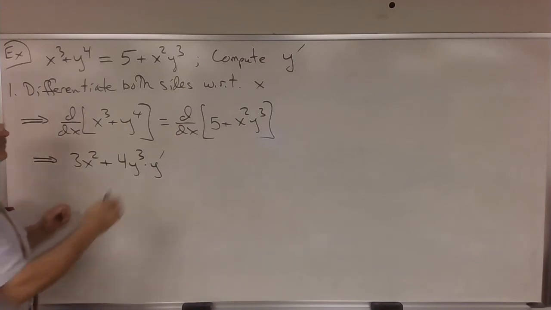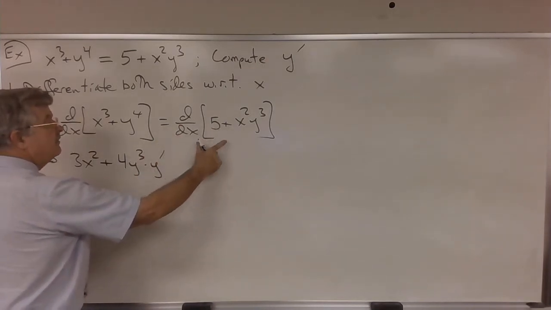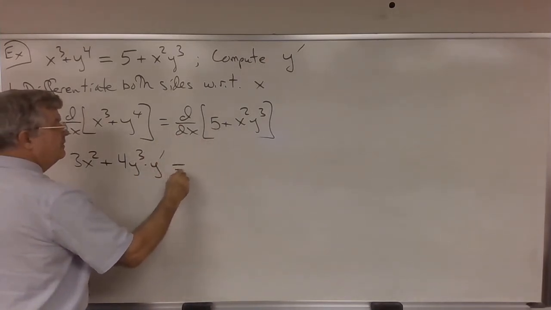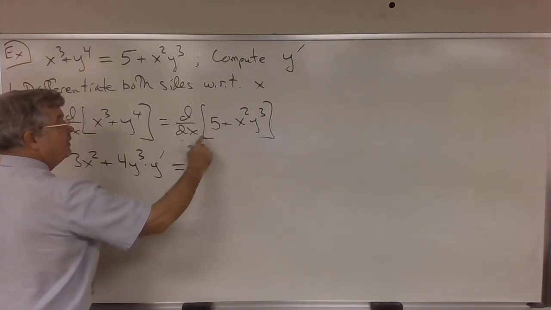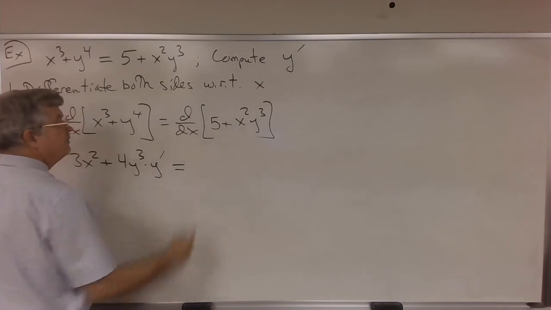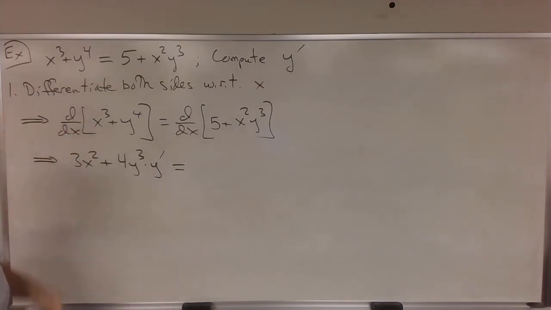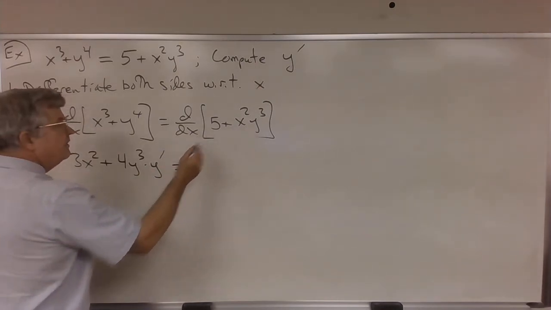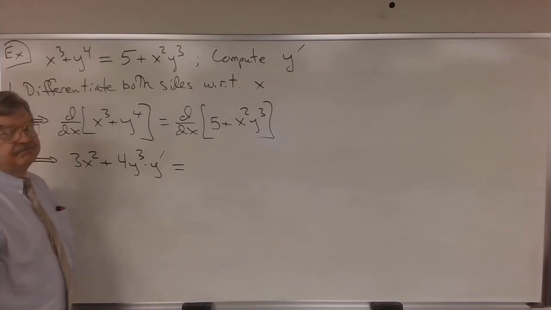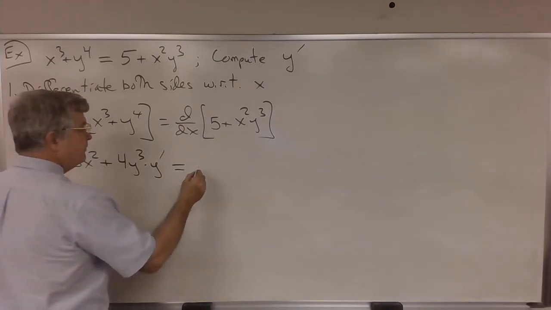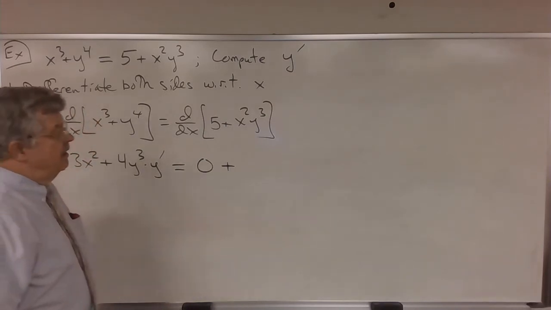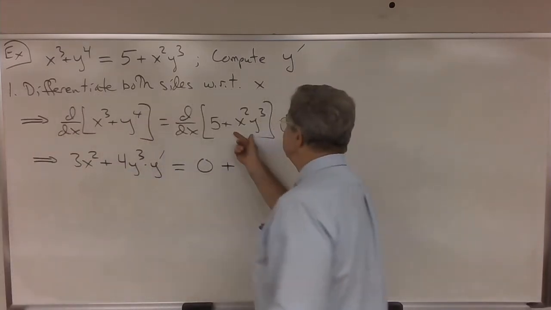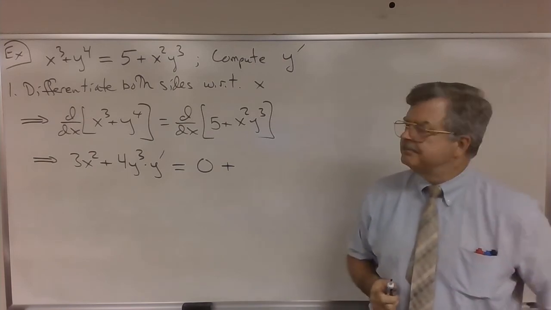And now we'll move across to the other side of the equation. It's a sum, so we compute the derivatives of each term separately. The derivative of 5, it's a constant, right? So 0. And then the derivative of x squared y cubed.